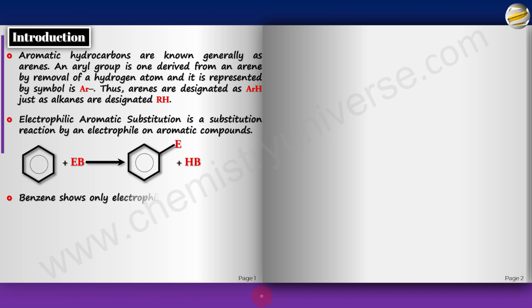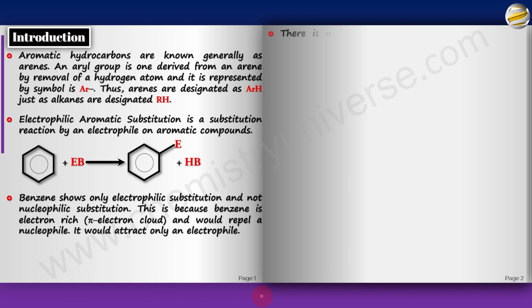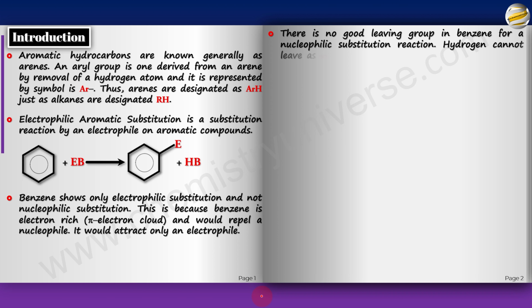This is because benzene is electron rich, with a pi electron cloud, and would repel a nucleophile. It would in fact attract an electrophile. And the second reason is there is no good leaving group in benzene for a nucleophilic substitution reaction. Hydrogen cannot leave as H- as it is an electropositive element. It can, however, leave as H+.